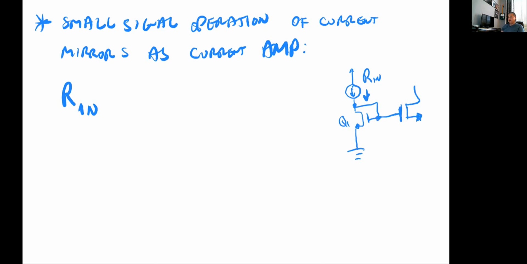So when you look at that node, what you see is the output resistance at the drain of Q1 in parallel with 1 over the transconductance of transistor 1, okay?